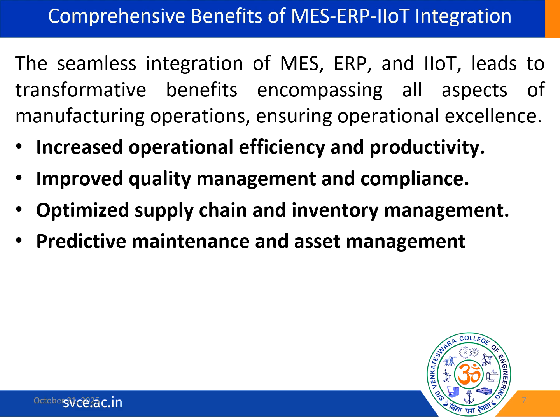For example, a global automotive company can reduce inventory holding cost by 15 percent by integrating MES and ERP systems, which allows them to align raw material purchases with actual production needs.